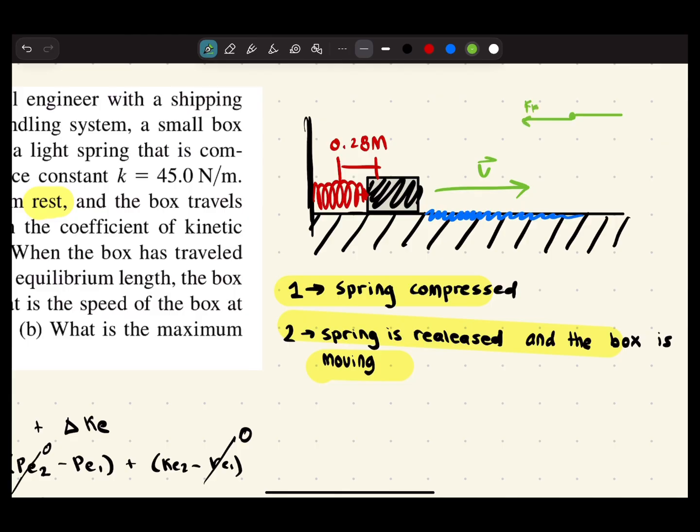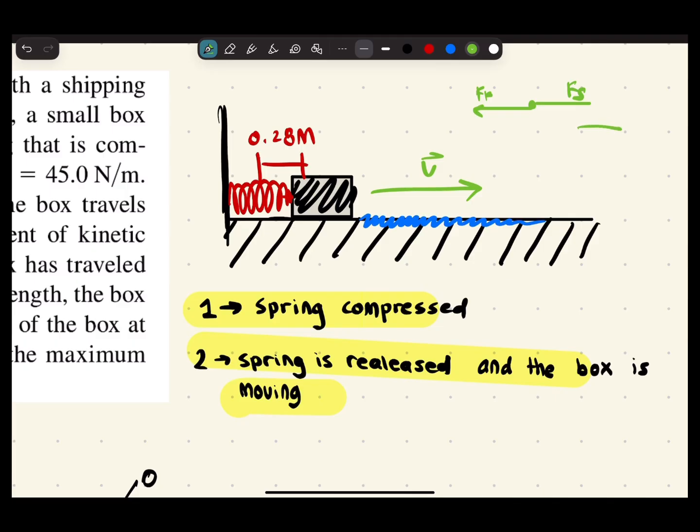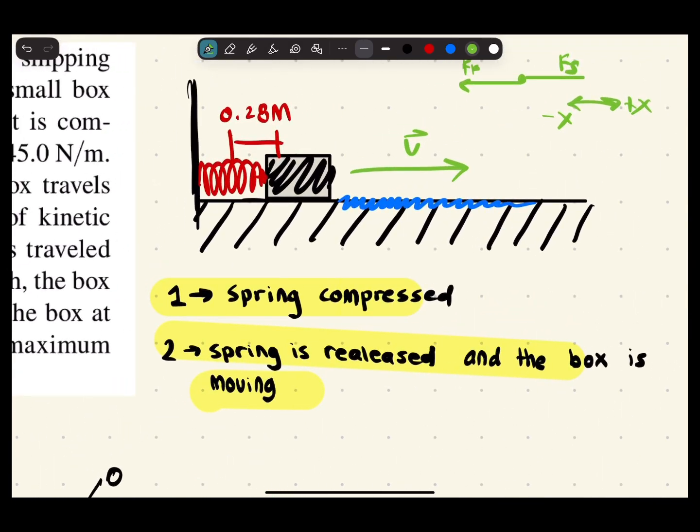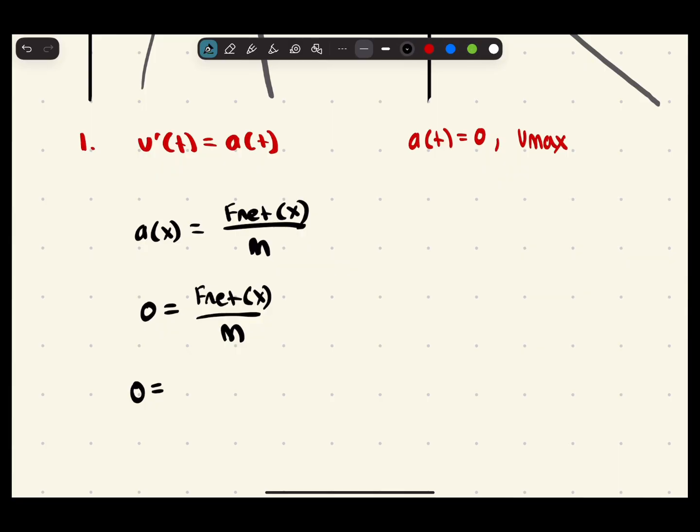And the spring force, which is the force that pushed the box outwards, is going to be acting this way. We're going to say that the right is positive x and the left is negative x. So if we have the spring force directed towards the right, it's going to be positive, minus the force of kinetic friction, which is directed to the left.